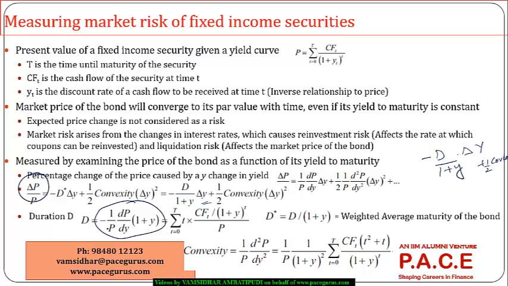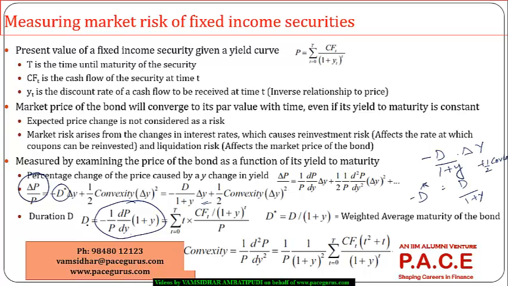The duration is coming out as minus 1 by P times dP by dy times 1 plus y, because we have got this as minus D star, which is nothing but D by 1 plus y. So when I substitute in terms of D star, I can put it as D by 1 plus y.